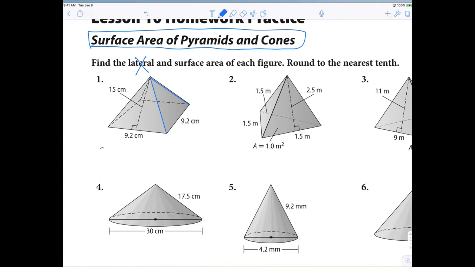So I want everybody to write down surface area is equal to 4 times 1/2 BH. Now, why did I do 4 times 1/2 BH? Because there are 4 triangles. And the area of a triangle is 1/2 base times height.